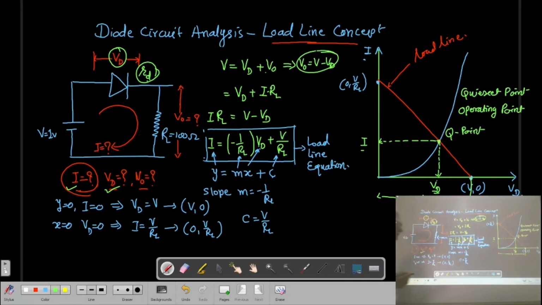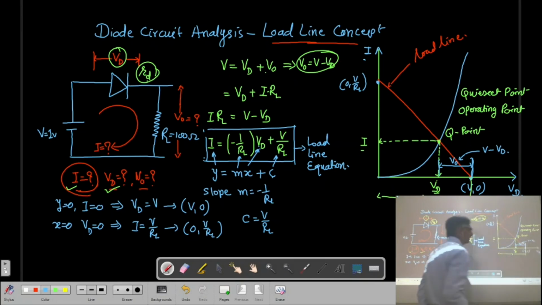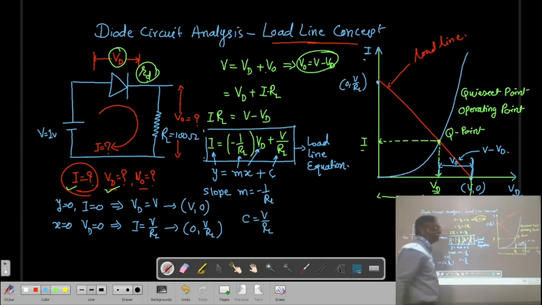So where is V minus VD? You can see this is my V, this is my VD, and this is my VO. That is V minus VD. So the difference of these two voltages will give you the output voltage.